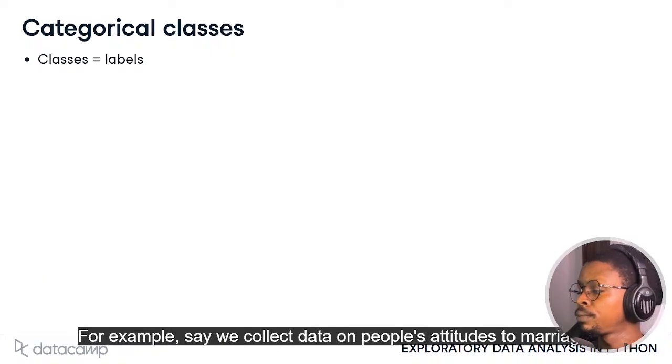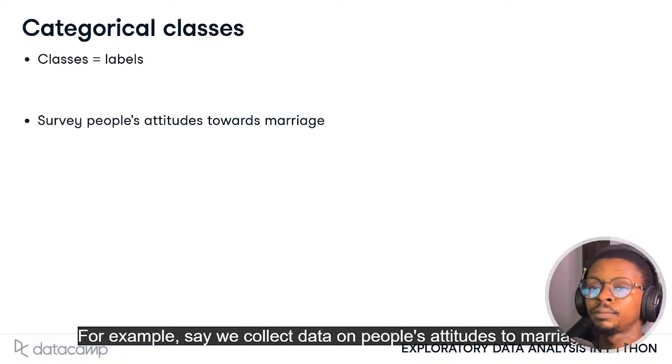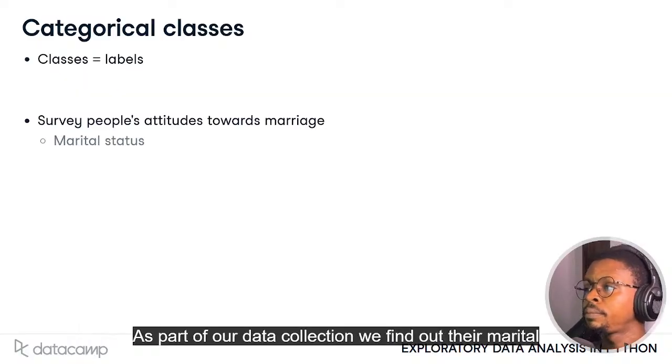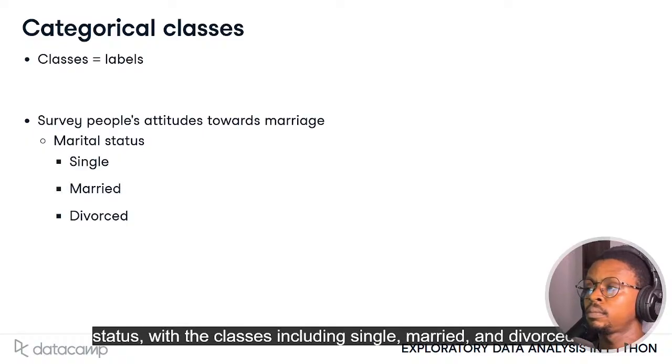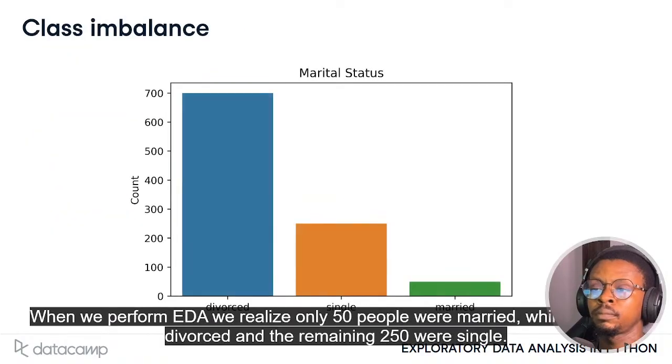For example, say we collect data on people's attitudes to marriage. As part of our data collection, we find out their marital status, with the classes including single, married, and divorced. When we perform EDA, we realize only 50 people were married, while 700 were divorced and the remaining 250 were single.